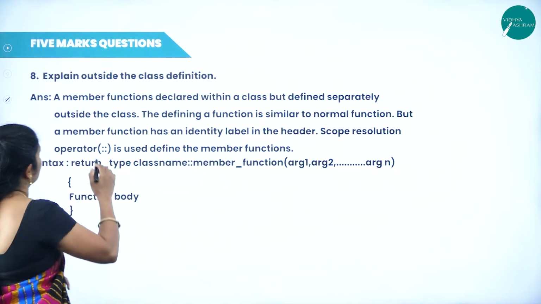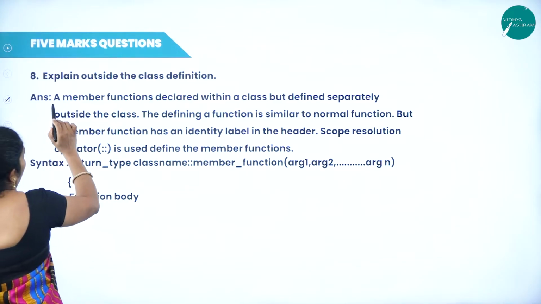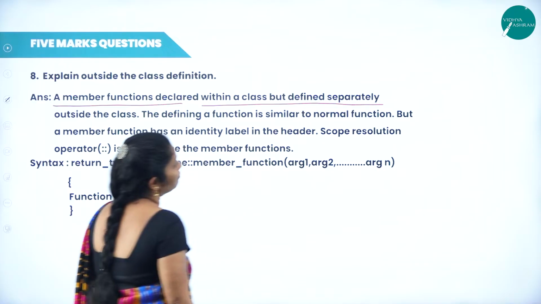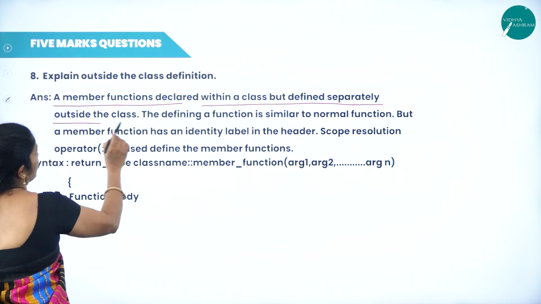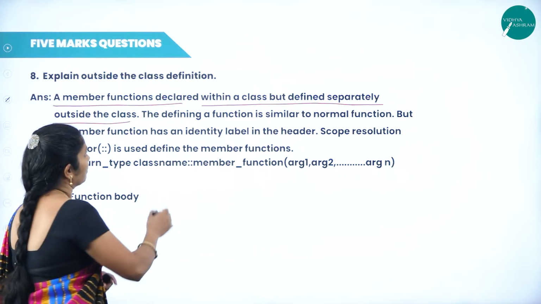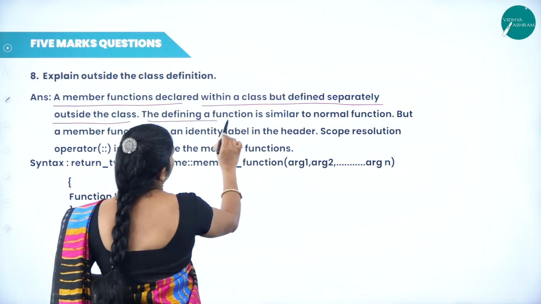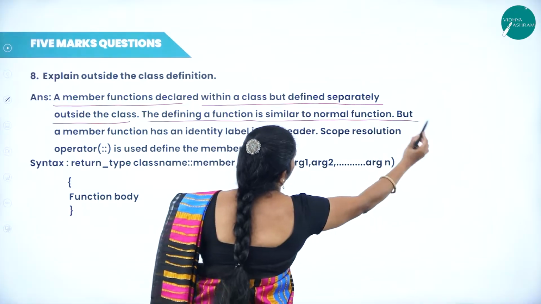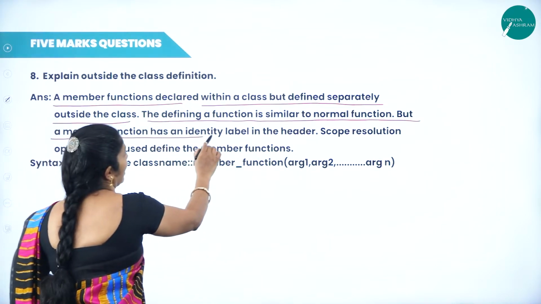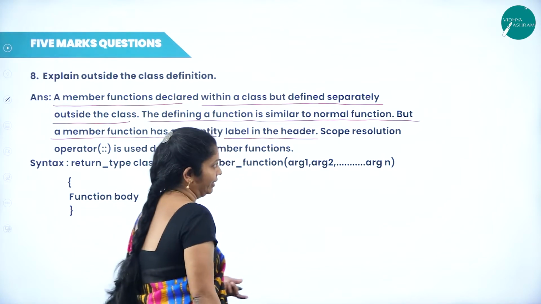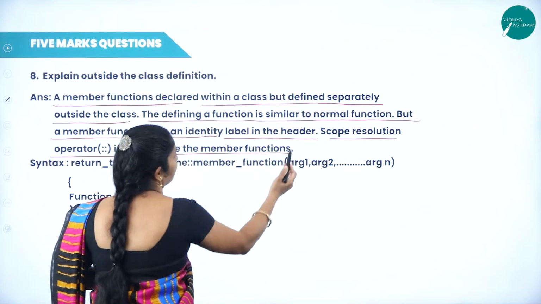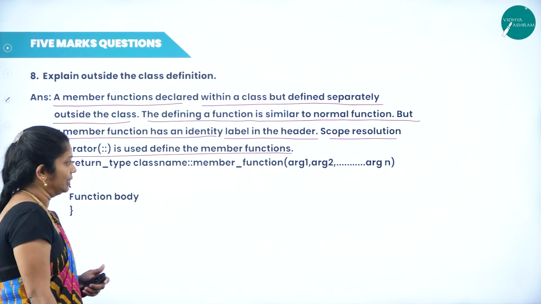When I come to outside class definition, a member function declared within the class must be defined separately outside the class. We have to write all the statements outside the class only. The definition of a function is similar to a normal function, but a member function has an identity label in the header, and the scope resolution operator is used to define the member functions outside the class.